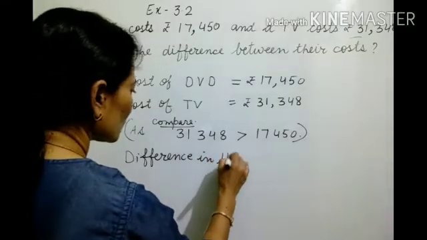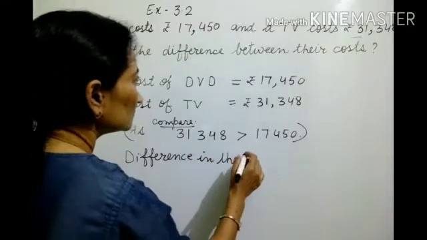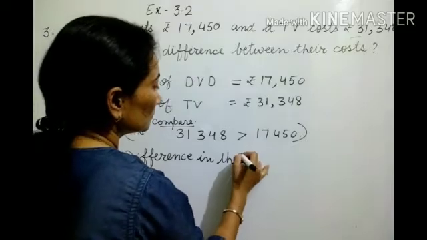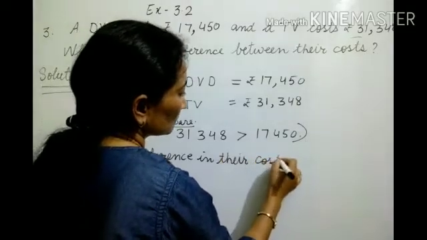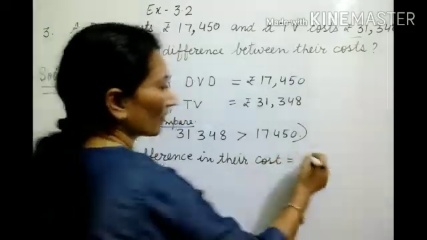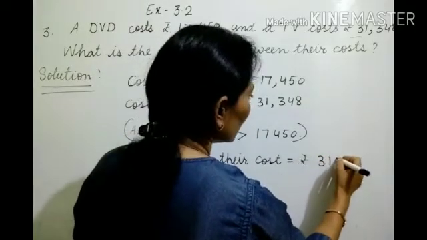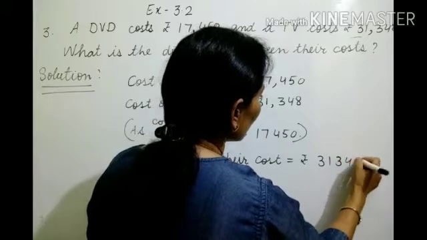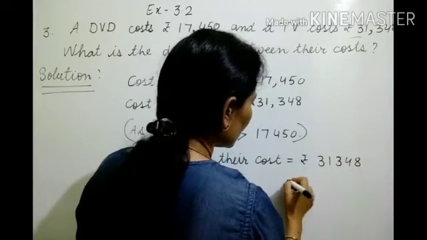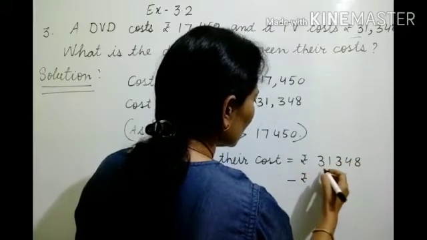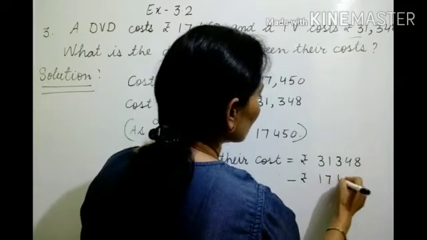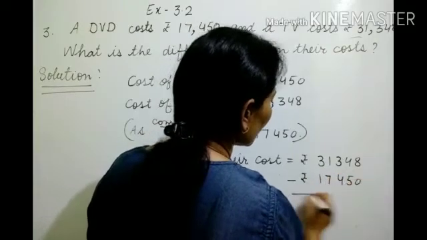The difference in their cost will be 31,348 minus rupees 17,450.